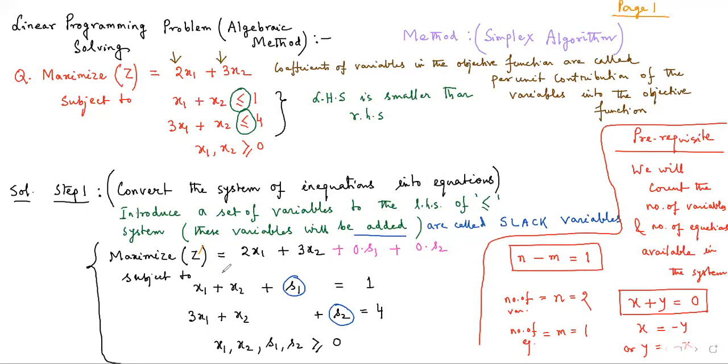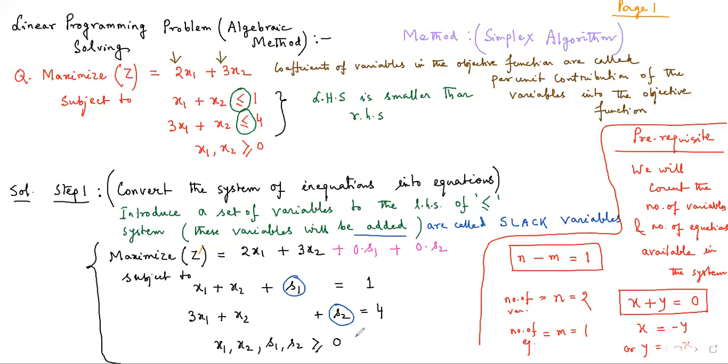So initially we will consider the original variables to be the non-basic variables, and we'll start dealing with the new set of variables. In the simplex algorithm, our objective is to bring back the original variables with some optimum value by eliminating this new set of variables.